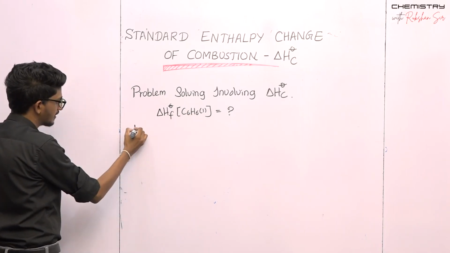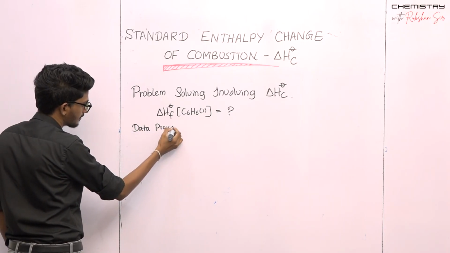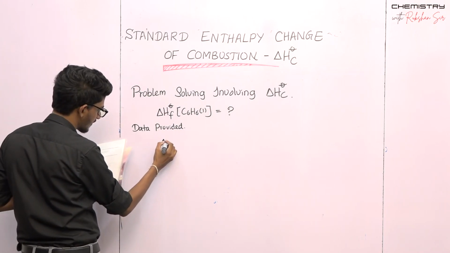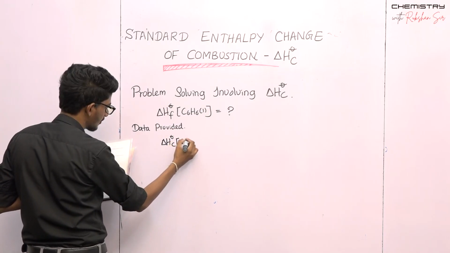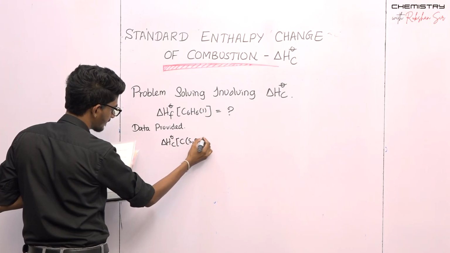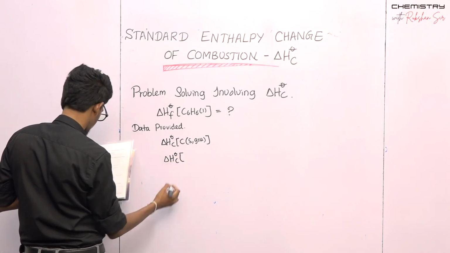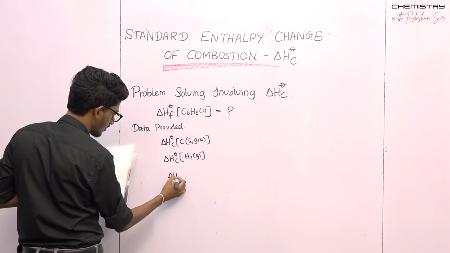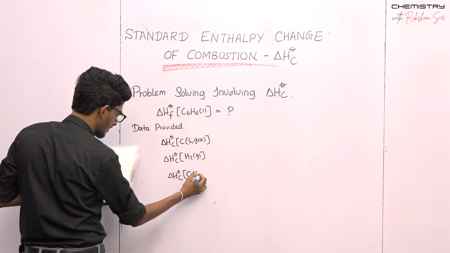And what are the data provided? The data provided are these delta H naught C values. Some of the delta H C values are given for carbon solid graphite, as well as for H2 gas, as well as for C6H6 liquid.